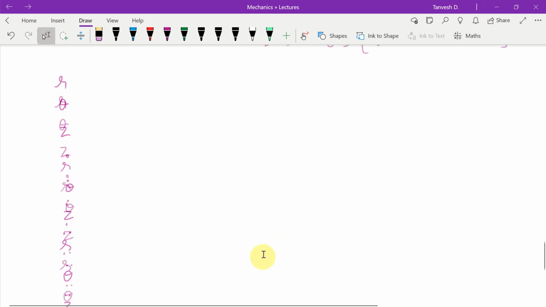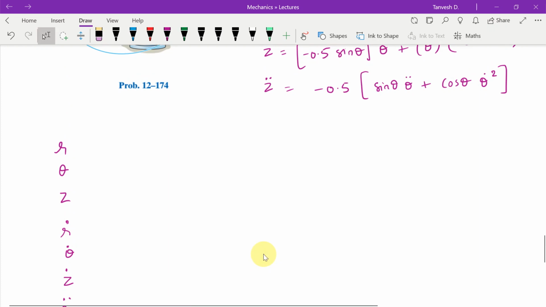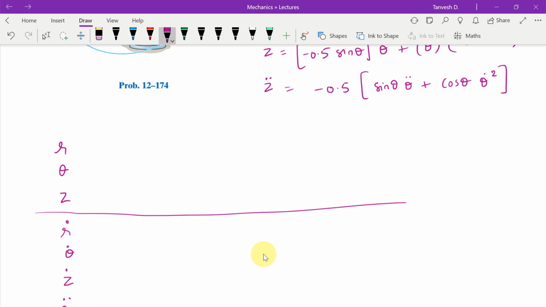This is what the table would be, and at t equals 6 seconds.